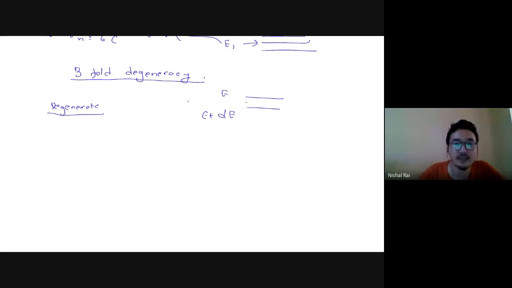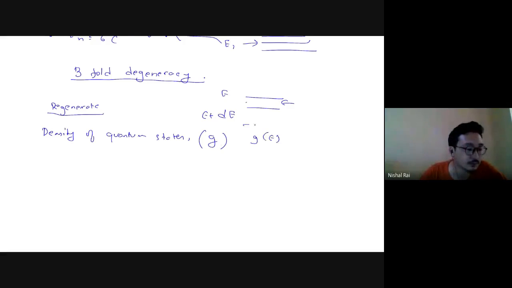The number of states is basically represented by the density of quantum states, which is denoted by Z. Please remember, it's very important, it's denoted by Z, which is a function of E. Now these are the available quantum states per energy range at a given energy E. Clear?